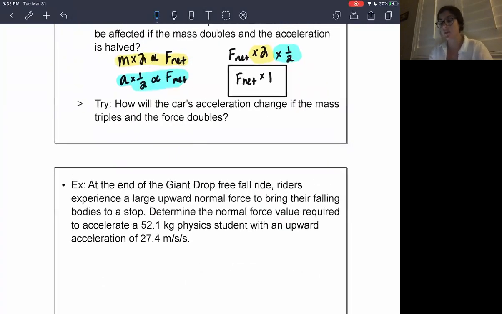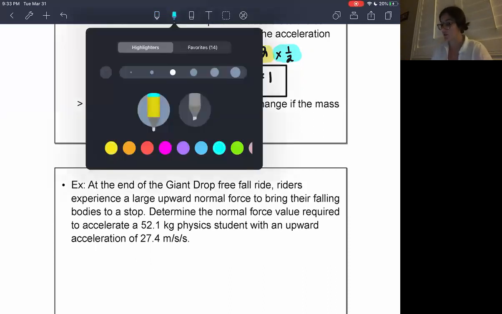So for our last one, the try, how will the car's acceleration change if the mass triples and the force doubles? So my mass is being multiplied by 3, my net force is being multiplied by 2. I want to know what's going to happen to acceleration. So I know that mass is inversely proportional to acceleration, and I know that net force is directly proportional to acceleration. So acceleration is going to experience a couple different changes.